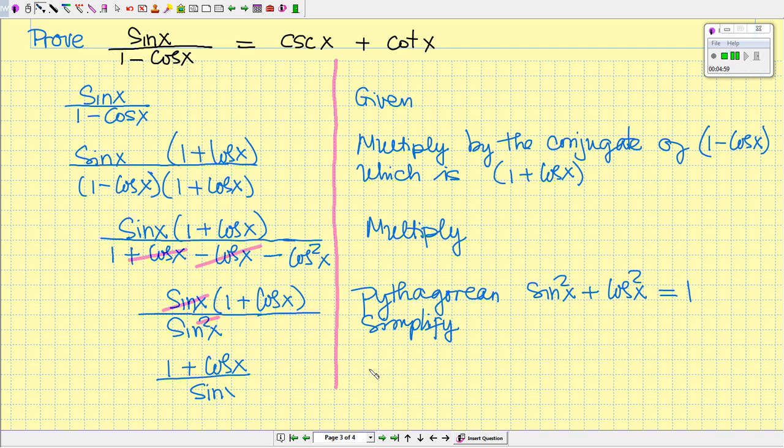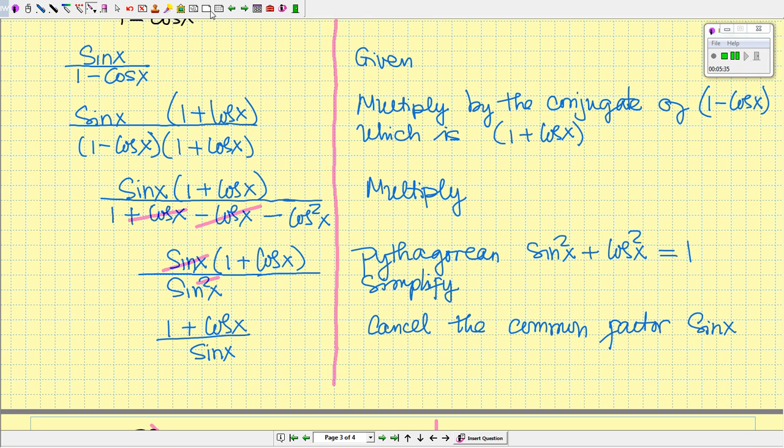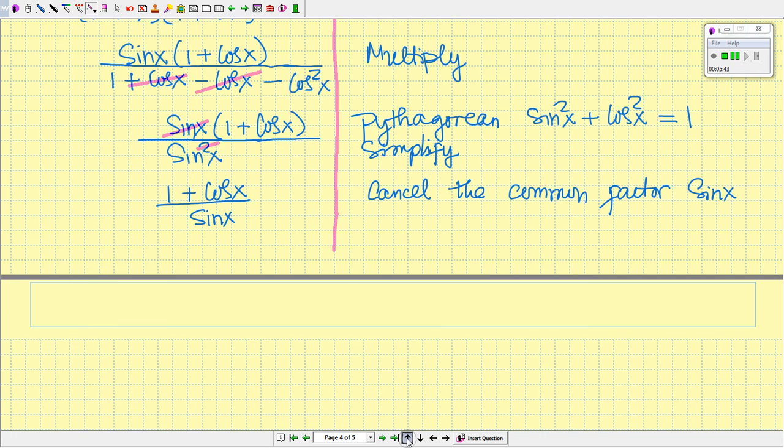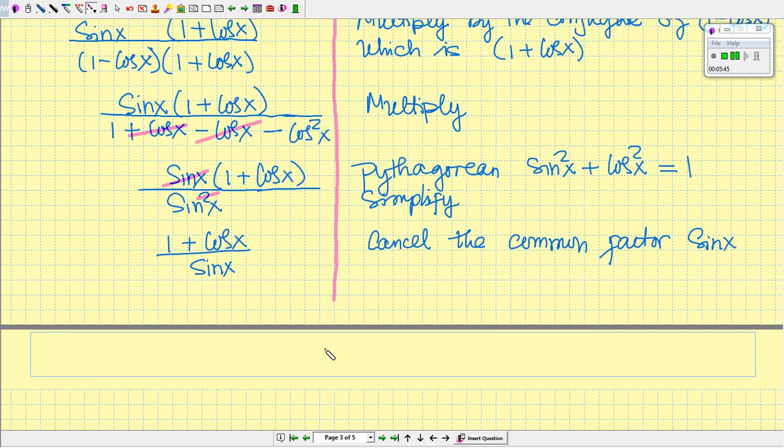So what we did here is that we just can cancel out the common factor, which is sine of x, so we just can cancel this out. So what do we have left now? It will be this fraction.